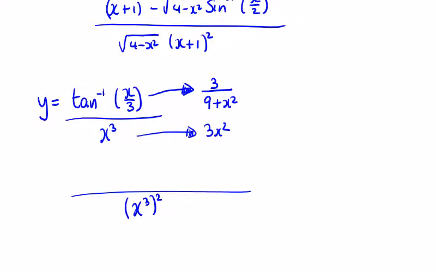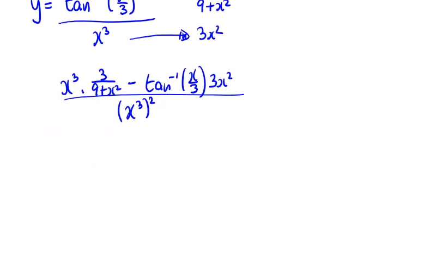That's the bottom squared. On top, we have the bottom, x cubed by the top differentiated, which is 3 over 9 plus x squared, minus the top, which is the inverse tan of x over 3, by the bottom differentiated, which is 3x squared.